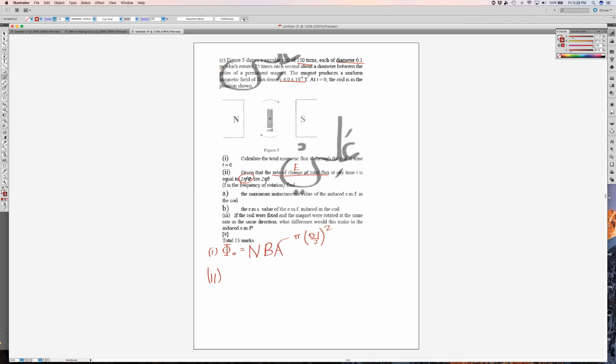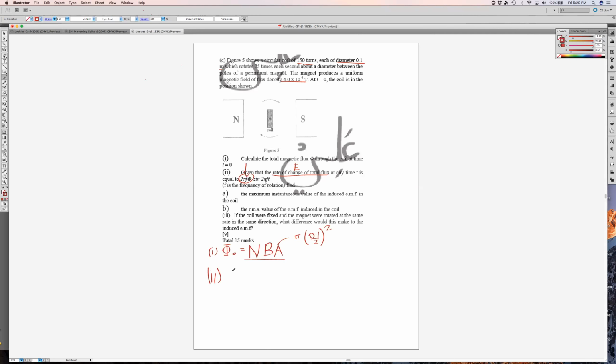So they're telling you, this is how you're reading the question, that the EMF E, they hid this from you, is given by this. And they want you to find the maximum instantaneous value of the EMF, except that phi is what we already have.